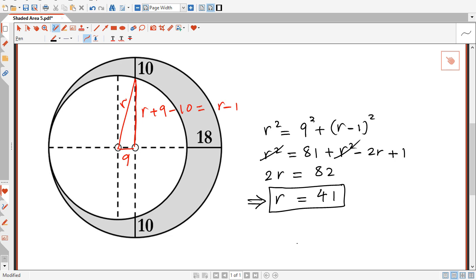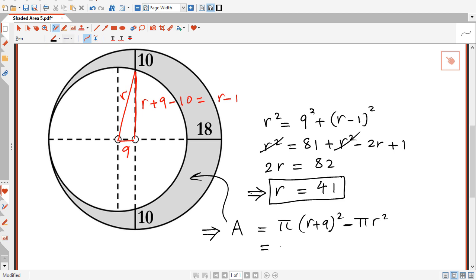Okay, now if we want to solve for the shaded area here, the shaded area is nothing but the difference between the area of the outer circle and the area of the inner circle. Okay, so we'll calculate the difference. So the area, and let's call it A, which is the shaded area here, is going to be equal to pi times the area of the outer circle, which is r plus 9 squared, minus pi r squared.